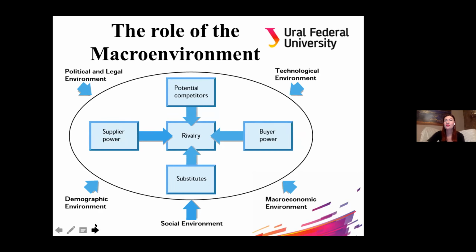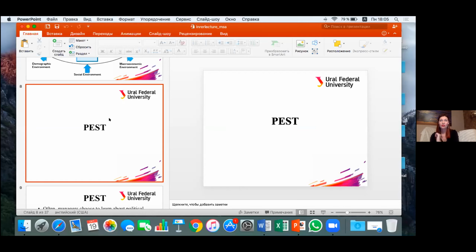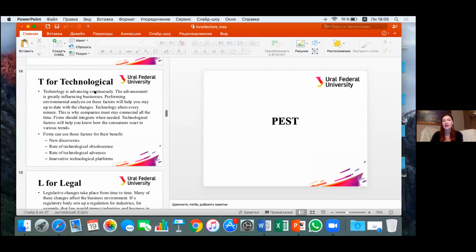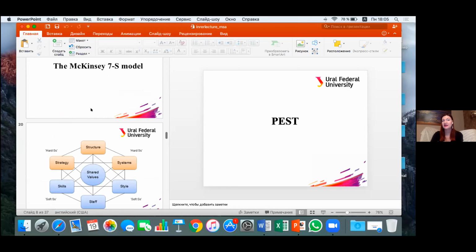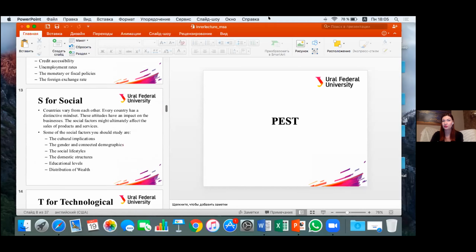And now I want you to choose our next analysis that we will look through. The first is PEST analysis, and the second is the McKinsey 7S model. What do you want more?